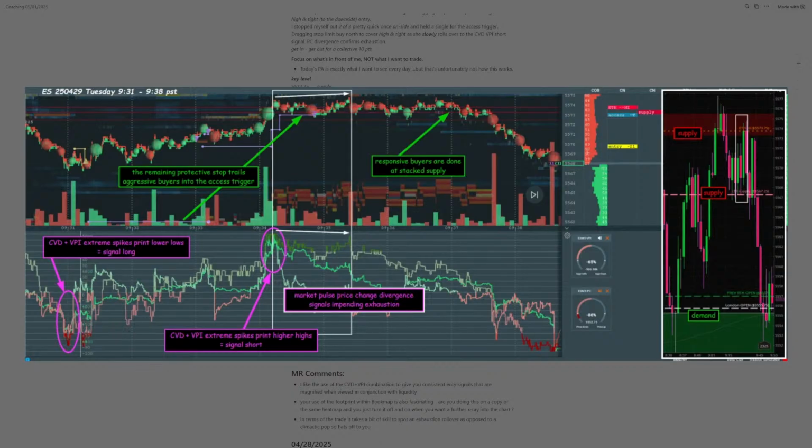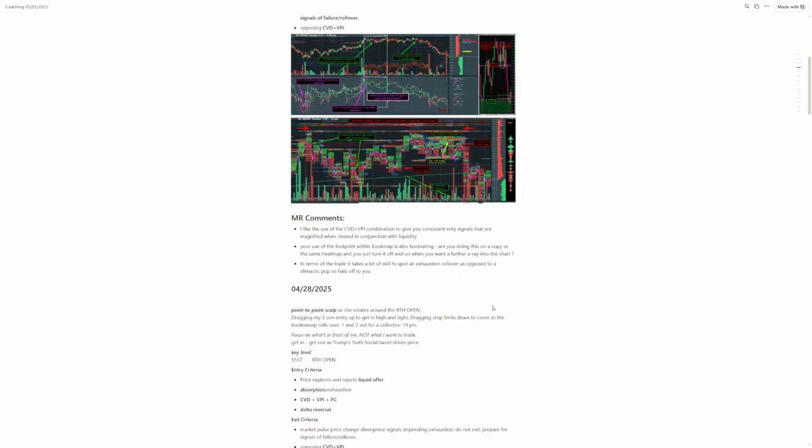If we can do those things, I really believe the probabilities of having a winner are going to be much higher over and over again. Yeah, I need to add this point to point scalp to my two trade model.